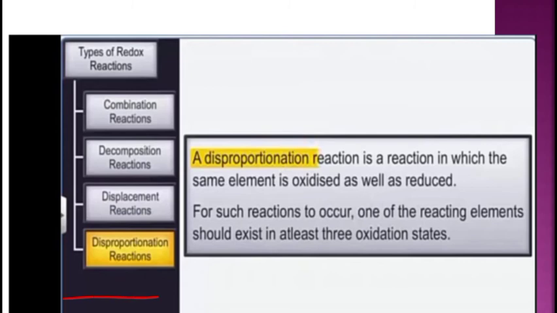The last reaction is the disproportionation reaction. This is a special kind of redox reaction, in which the same element is oxidized as well as reduced. One of the reacting elements should exist in at least 3 oxidation states, then only we can say this.